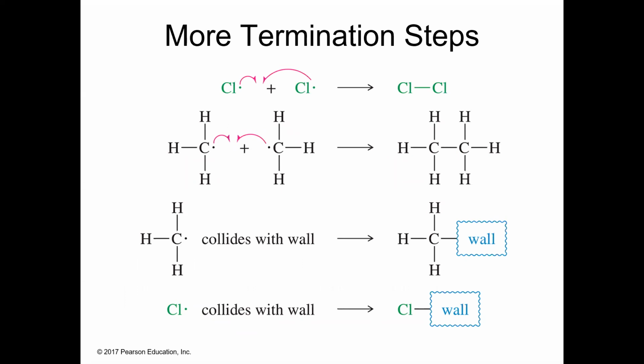After we split a chlorine molecule, the two chlorine atoms can come back together. We can have two methyl radicals combine. And in fact, we observe ethane showing up in the product mixture. So that's consistent with this mechanism. And then we have some collisions with the walls of the container, which terminate the reaction.